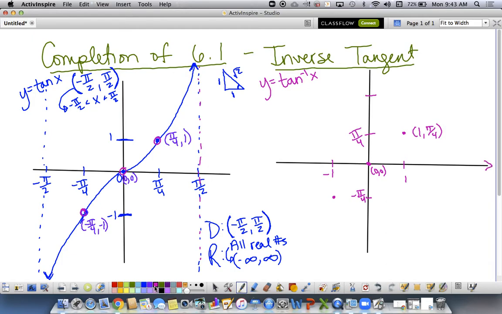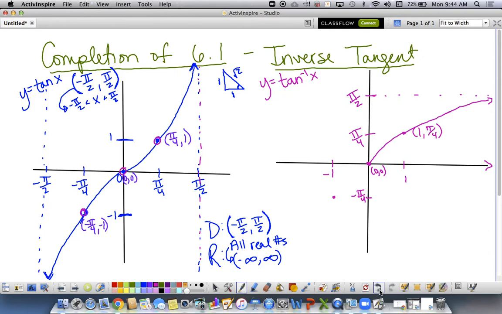Then we're going up to pi over 2, correct? So as we're approaching infinity for the x values, this direction, we're approaching pi over 2 here. So it's going to do something. But should we connect to this point? Of course we should.